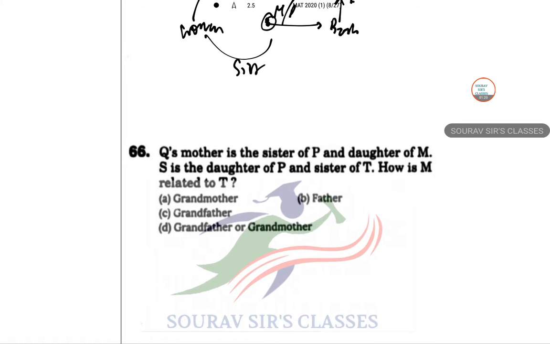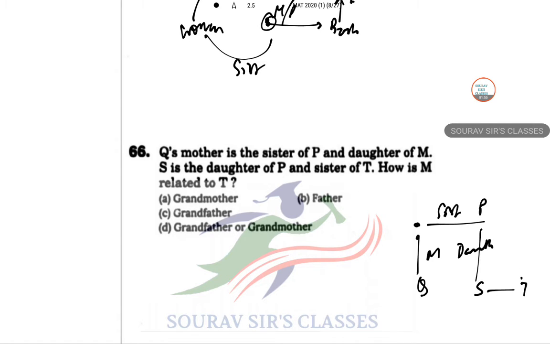Q is the mother. Q's mother is the sister of P. S is the daughter of P, and sister of T. So this thing is associated with this.